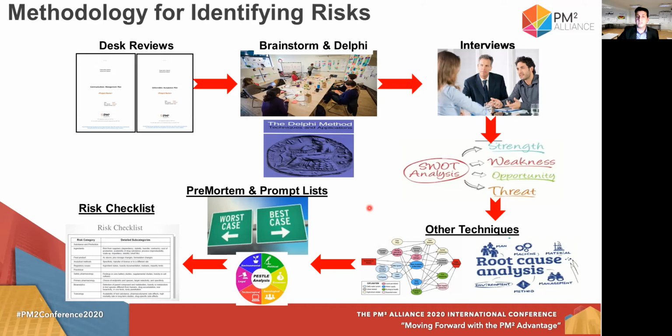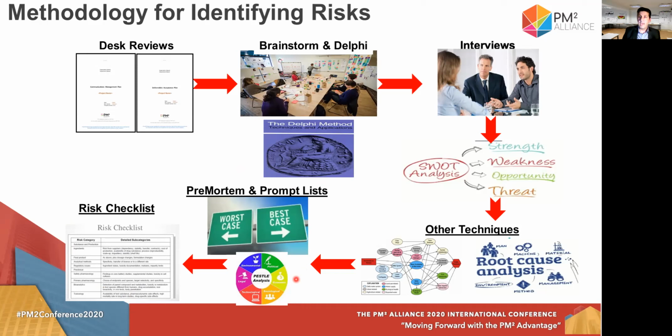And I'm always finishing with these three tools. The pre-mortem technique, what is the best case scenario, what is the worst case scenario, a prompt list, and my favorite one is the PESTLE analysis, because it contains environmental risks that usually we are forgetting.